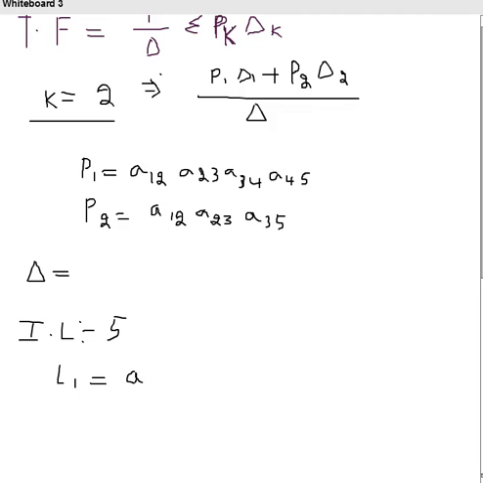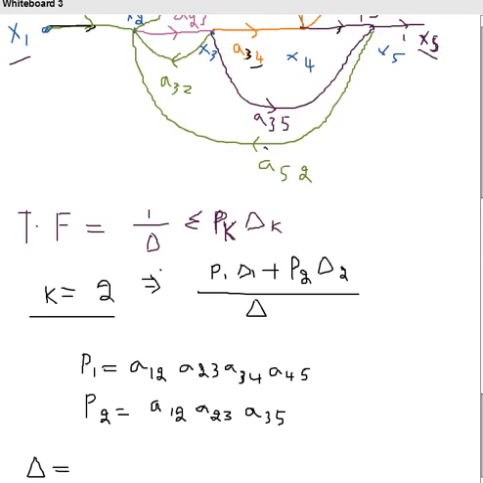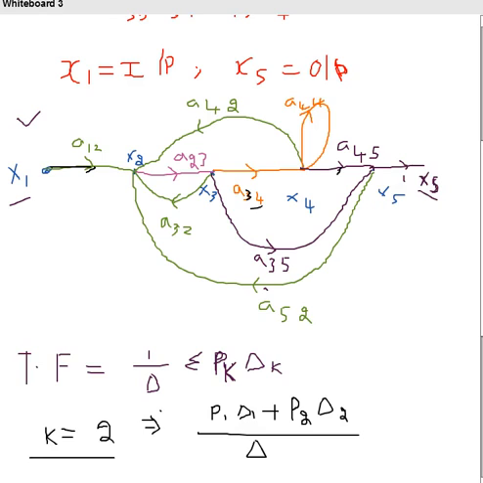So one loop gain is A23 A32. One more loop: A23, A34 and A42. It started at node X2 and ended at the same node.